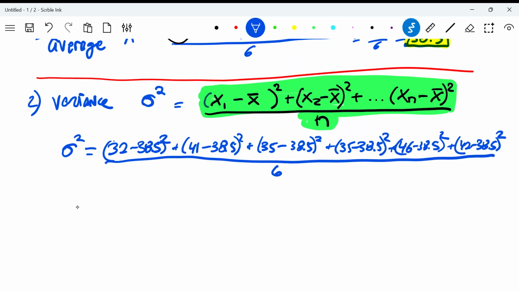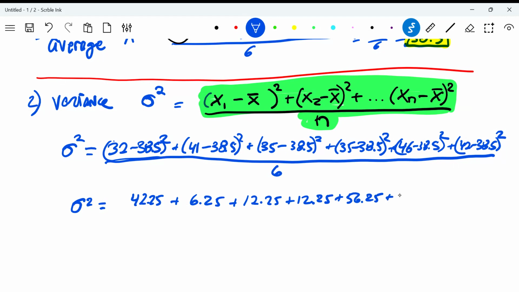If I did each one of them separately, the first one, 32 minus 38.5, squared, gives you 42.25, plus 6.25 for the next one, plus 12.25, twice because 35 was in there as two data points, plus 56.25, plus 12.25, and all of that over 6.